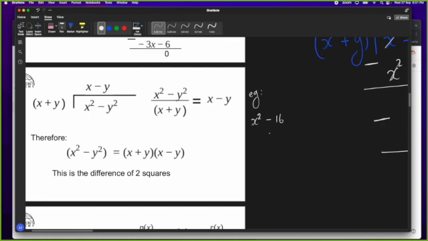You are supposed to recognize that this is really x squared minus 4 squared. And so you have a difference of 2 squares. And so therefore you could factorize it. In this case, it is x plus 4 and x minus 4. This is the difference of 2 squares.